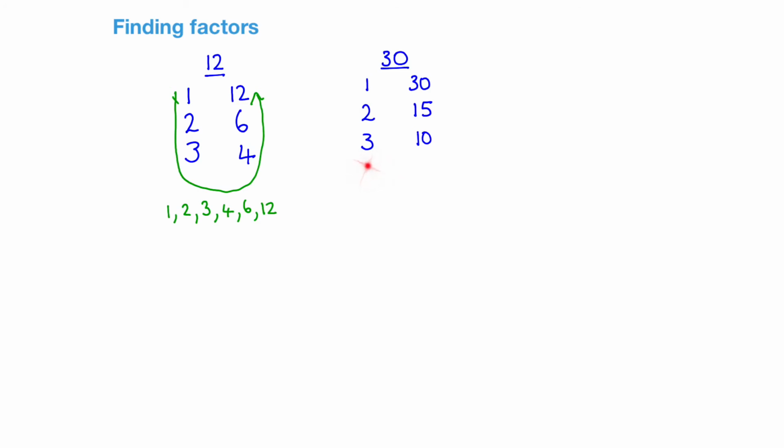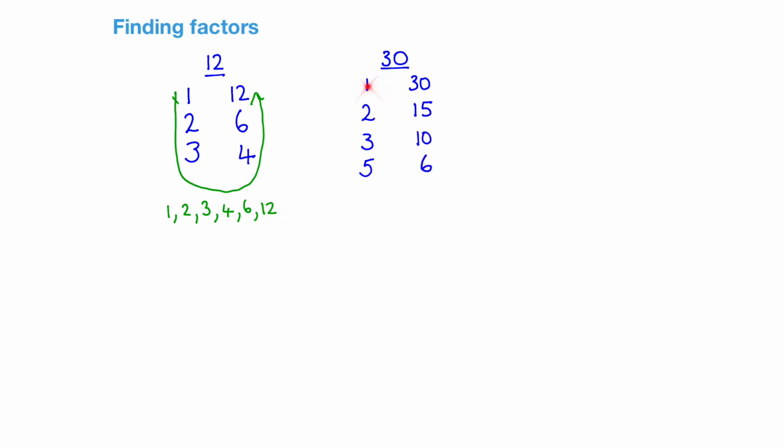So the next number would be 5. Does 5 go into 30? Yes, it does, because it ends in a 0. And the partner of 5 to make 30, 5 times 6 is 30. So the next number to try here would be 6, but we've already got 6, so we know we've got them all.